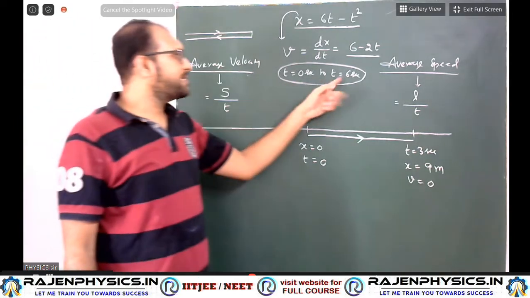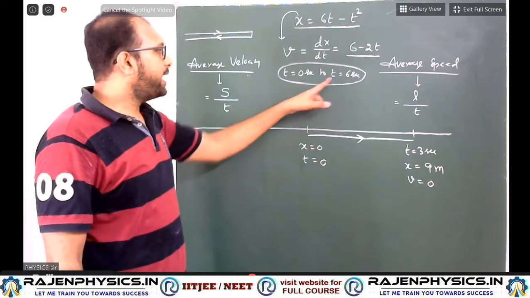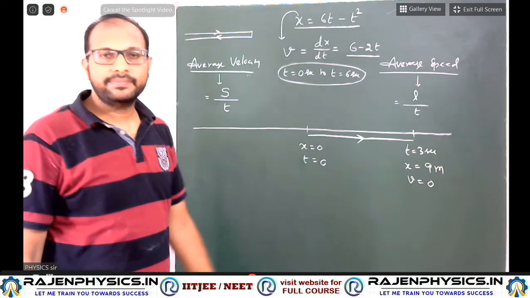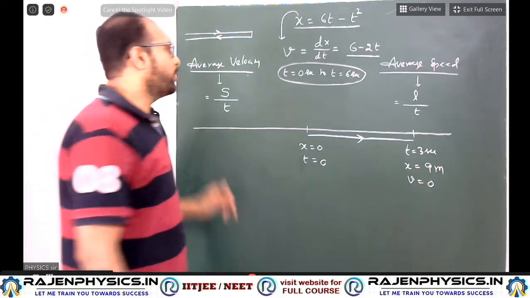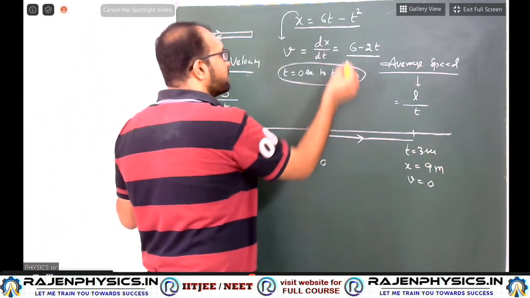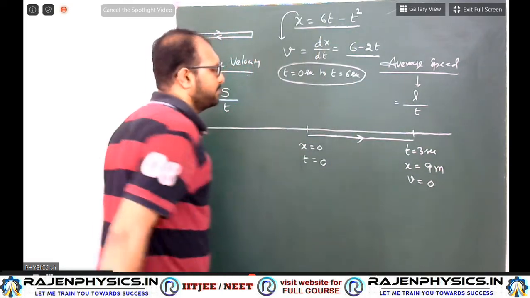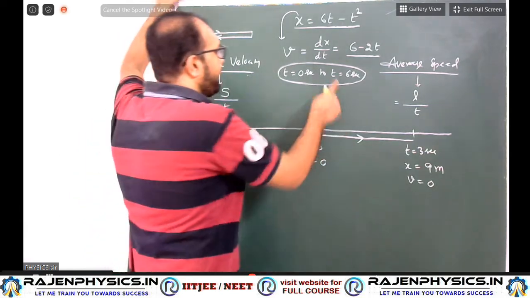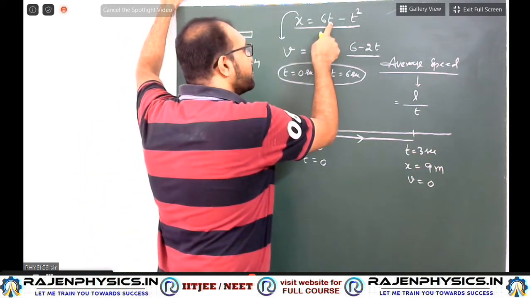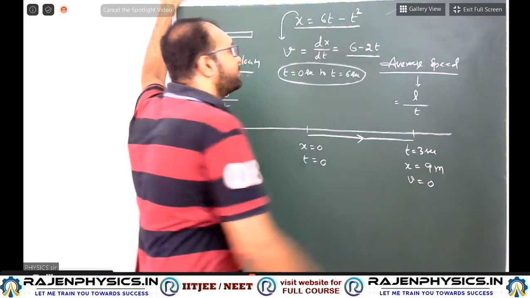But our target is t equal to 6 seconds. Now at the 6th second we need the position. I am substituting t equal to 6 in this equation. x equal to 6 into 6, 36, minus 6 square, 36.